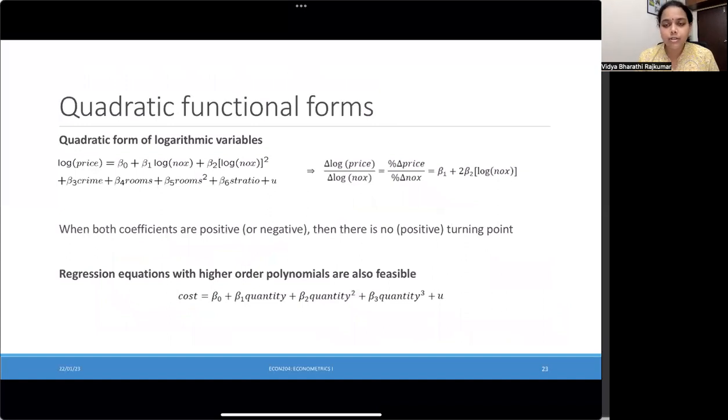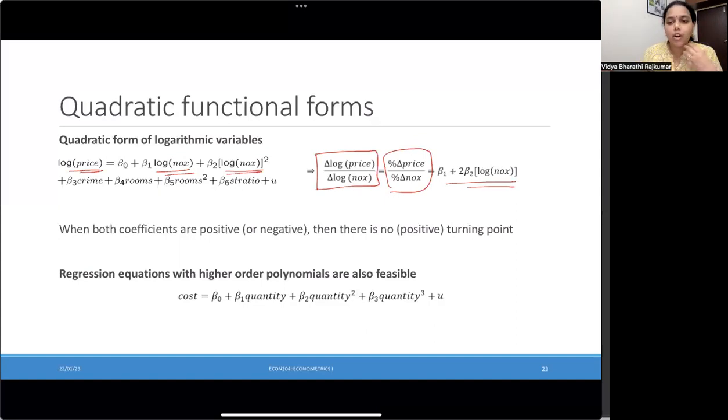A quadratic functional form also lends itself to cases where you have log-log models. So for example, in this case, if pollution enters the model quadratically, but it's all log transformed, if I want to look at what's the percentage change in price for a percentage change in pollution, which is just taking the derivative that you see there on the slide, the answer now depends on how much pollution there is.